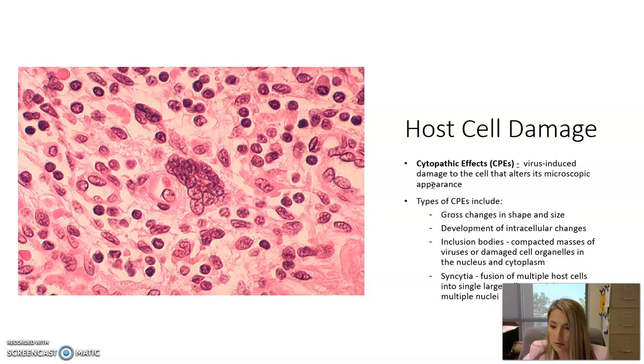So the internal organelles may stain differently because of damage that we're seeing. Some viruses, when they infect cells, cause the cells to fuse together and form a mass of infected cells called a syncytia. That's common for the respiratory syncytial virus, or the RSV virus. So any type of these changes that cause a cell to appear differently under the microscope when infected with a virus would be known as cytopathic effects.